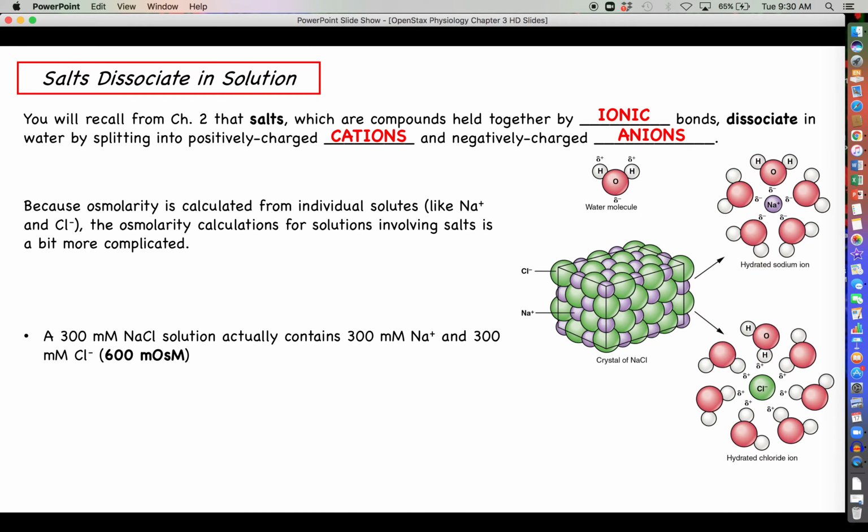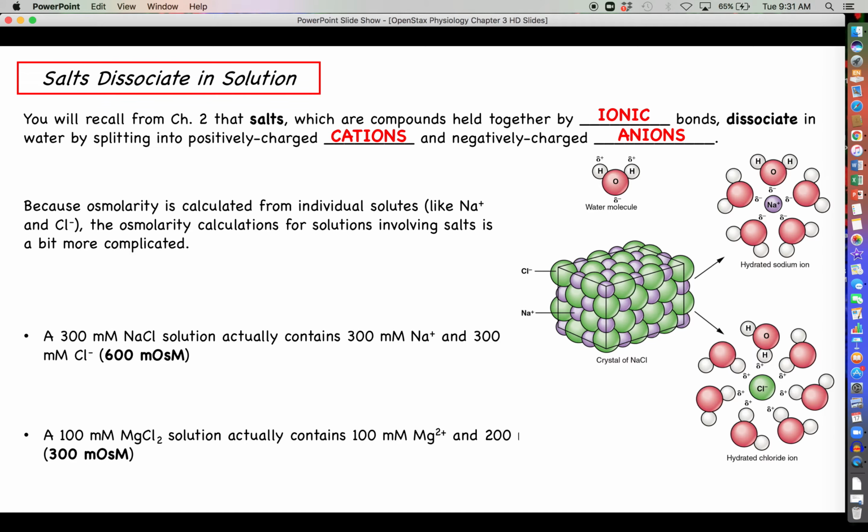So a 300 millimolar sodium chloride solution contains 300 millimolar sodium and 300 millimolar chloride because of the dissociation, meaning that if you add those two together, you've actually got a 600 milliosmolar solution.